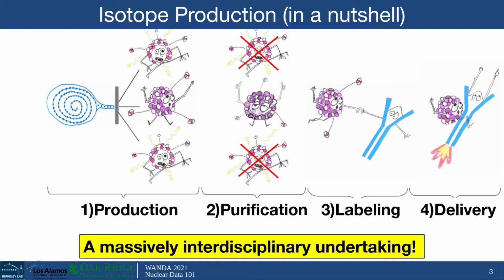So at this point, for industrial tracers or other non-medical applications, the isotope would essentially be ready to go out for delivery following some quality control analysis.